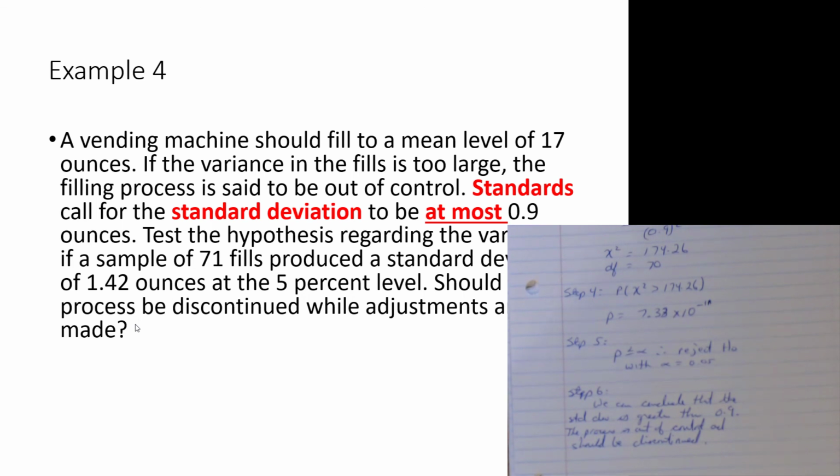By out of control, it means that, because we've rejected H0, the variance in the fill is too large, and so the process is out of control by definition. So engineering or instrumentation would have set that guidance for us. And so we can conclude that the standard deviation is greater than 0.9, and whenever it's greater than that 0.9, the process is out of control and should be discontinued.